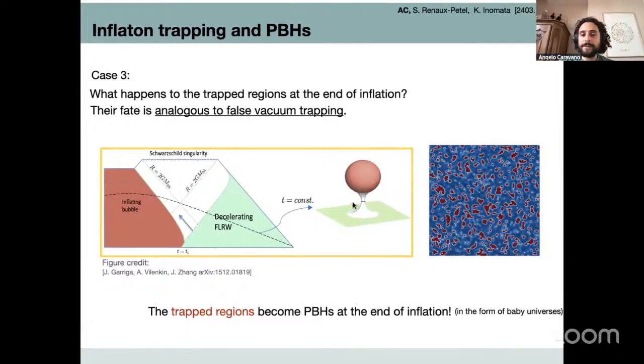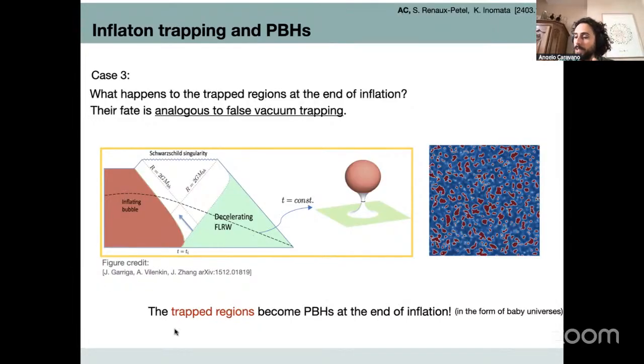If you're an observer inside these regions, you are going to see inflation, because these regions are large enough for you to not see what's outside, and you just see inflation. But if you're outside, you will see a bounded object with a very high energy density that at some point is going to collapse.